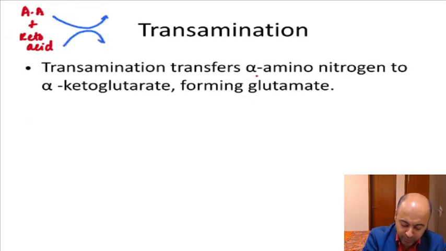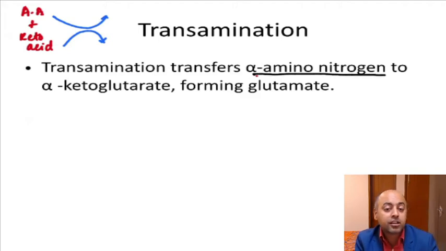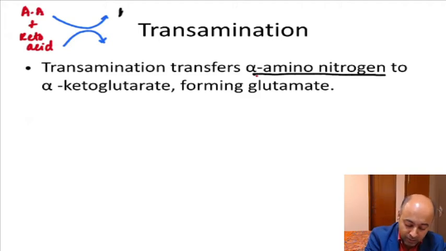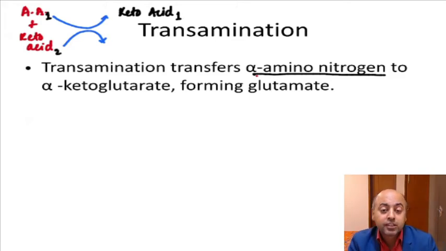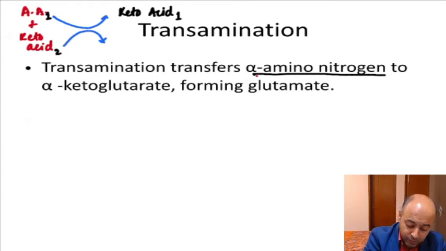In this process, the amino acid transfers the amino nitrogen, and the amino acid becomes the keto acid. I'll write it here, amino acid 1, keto acid 2. The keto acid receives the amino group, which is commonly the alpha ketoglutarate, and it becomes the amino acid.